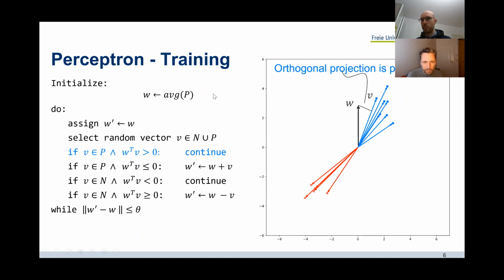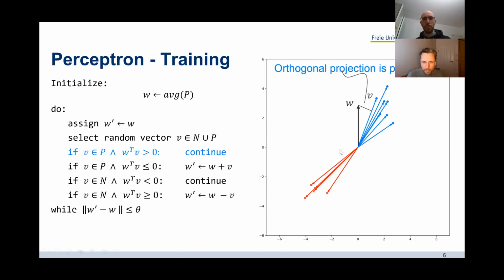So first of all, we need to choose an initialization for vector W. And well, what is a reasonable initialization? A good initialization is to choose a W that looks similar to our positive data points, because we want the orthogonal projection of our W with our positive data points to be positive, and with the negative data points to be negative, so we can have a proper splitting of our space.